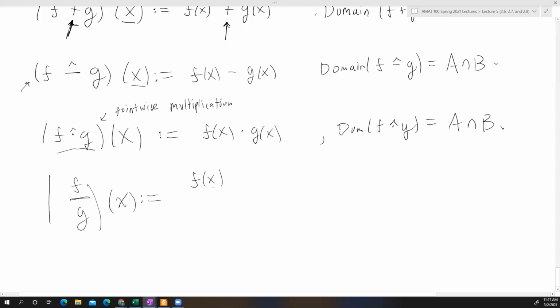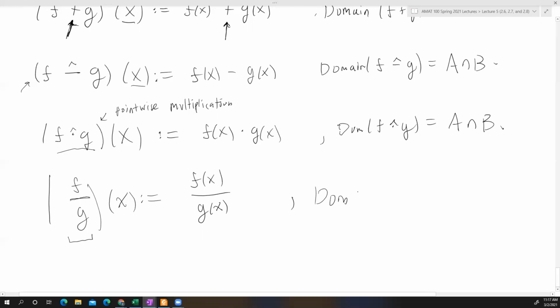We want f over g to be a function itself, and for it to be a function, it has to have a rule. The rule is that you plug x in the domain into f, x into g, and then you take f of x divided by g of x. That's the rule associated to this function.